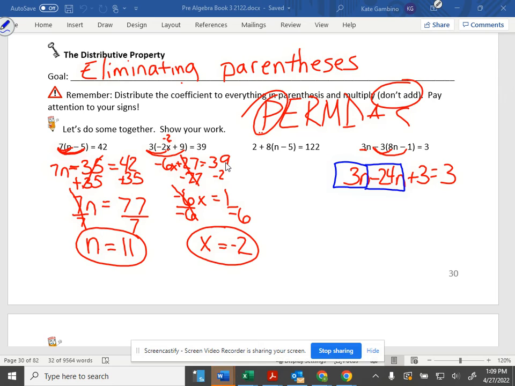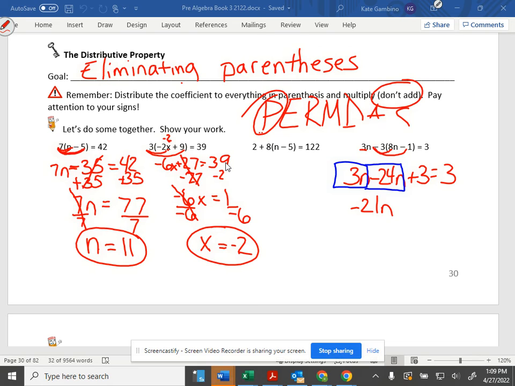So you are right, that is our step, but we always want to know why. So we're going to combine our like terms. We have a 3n and we have a -24n. What is 3n minus 24n, Cole? 21n. No, -21n. Oh, it's super important that we remember our positive and negative signs. Lots of mistakes were made on the last test because we forgot those positives and negatives.